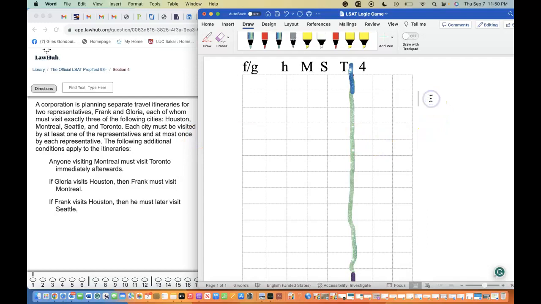So here we're going to put the rules on the right side, using logic and variables. Anyone visiting Montrose must visit Toronto immediately afterwards. So anyone visiting Montrose must visit Toronto afterwards. If Gloria visits Houston, then Frank visits Montrose.